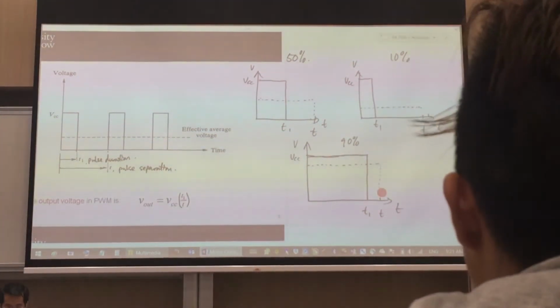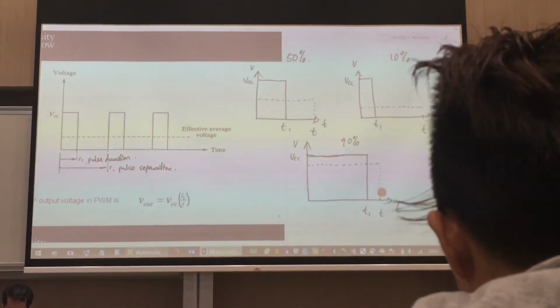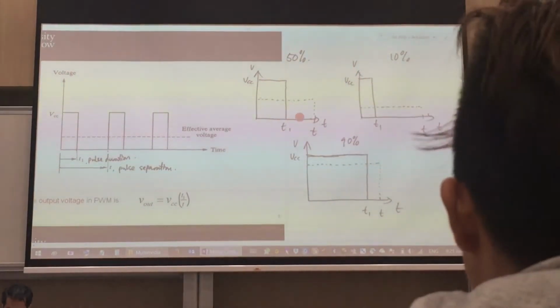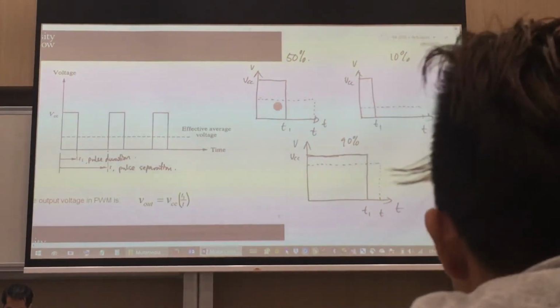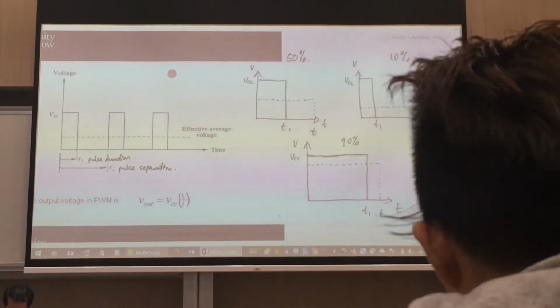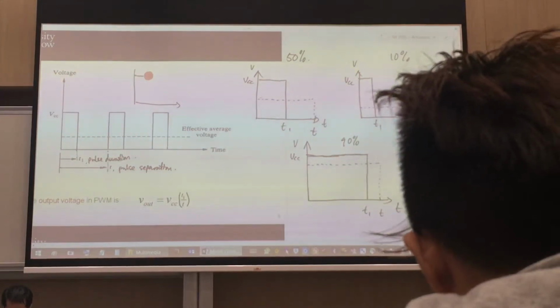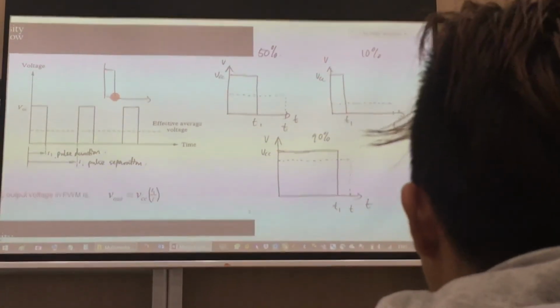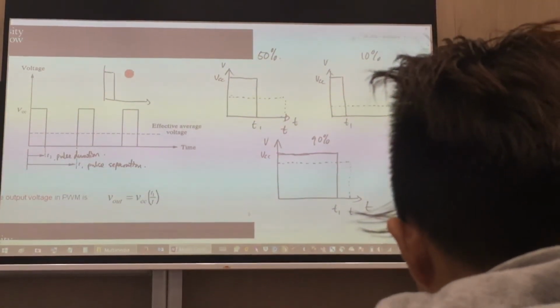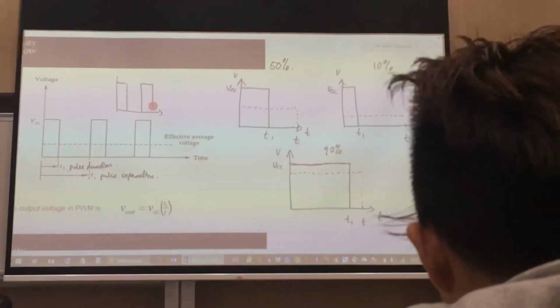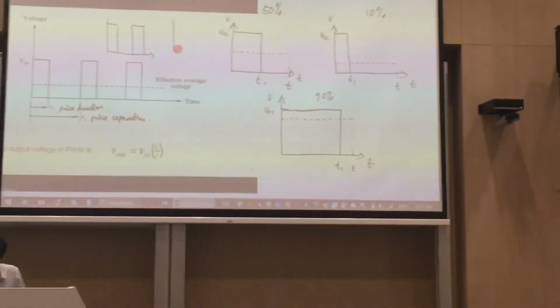Now, although it's 50% over here, I could have a 50% at a lower frequency or a higher frequency. So, for example, this is at a lower frequency, and this at a higher frequency. This is 50% as well.